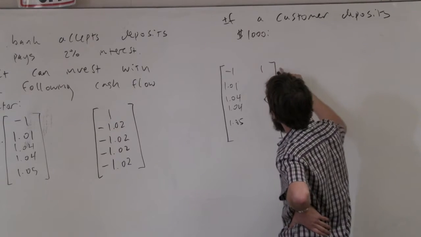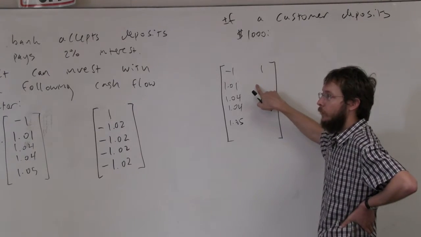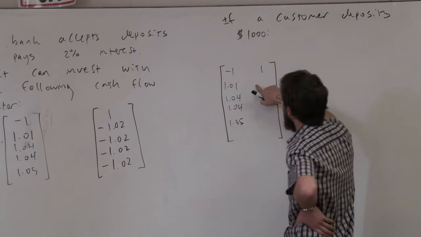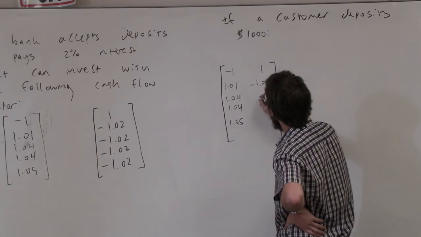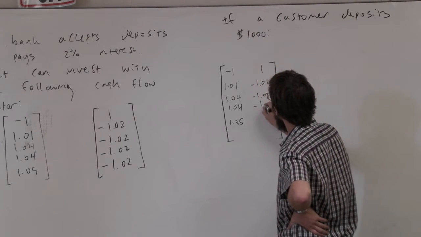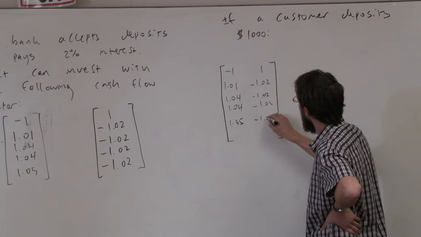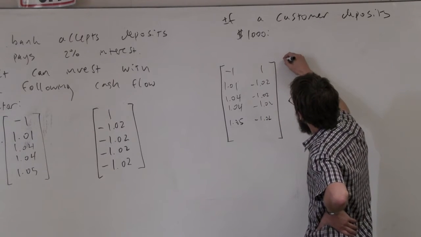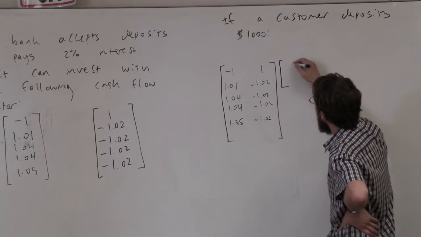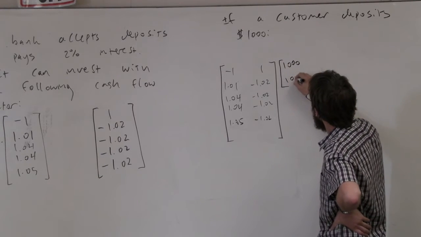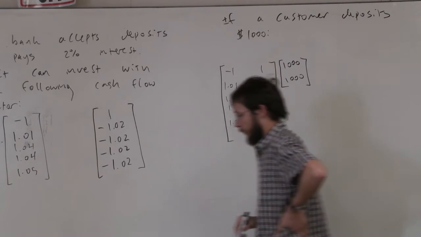And here's the bank's customer vector. So we'll pay them 2 cents, 2 cents. And they're going to multiply by this vector here, 1,000 and 1,000.